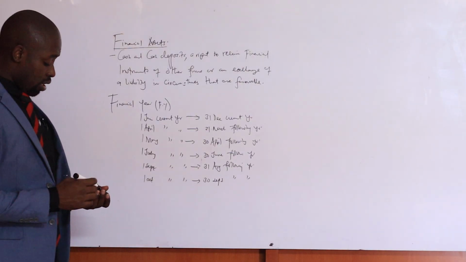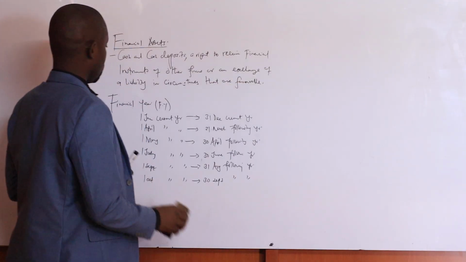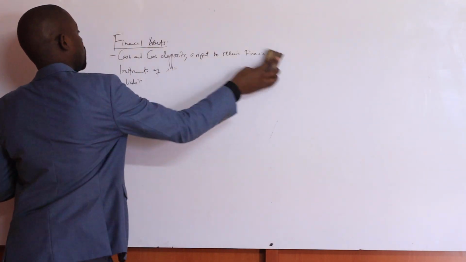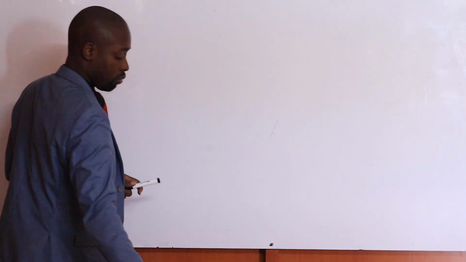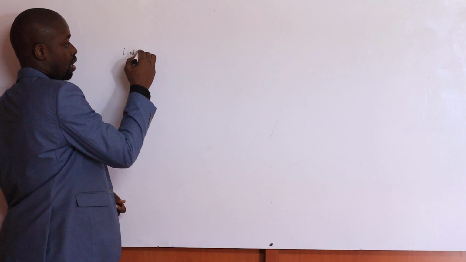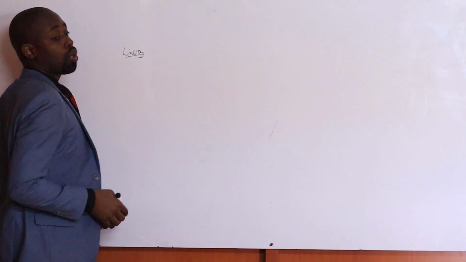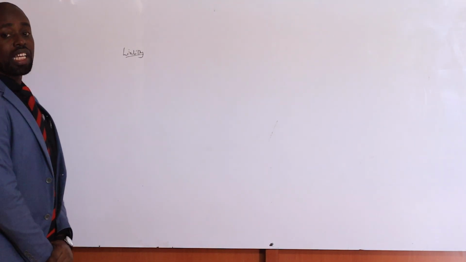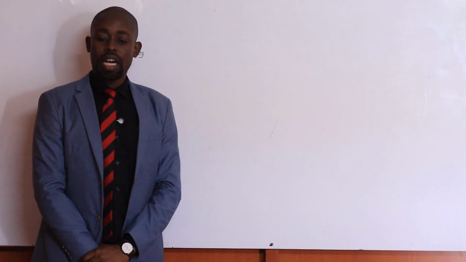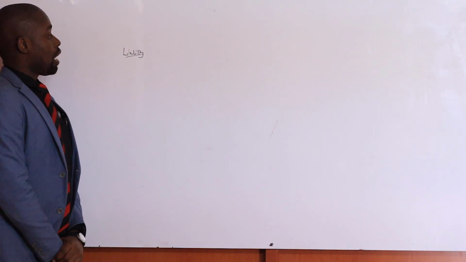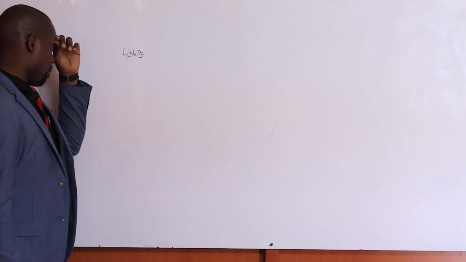Let's look at the next definition, what we call liabilities. What are liabilities? So liabilities are financial obligations of a firm. Any obligation that will result in outflow of cash at present or in future is called a liability. Now we have got three classes of liabilities.